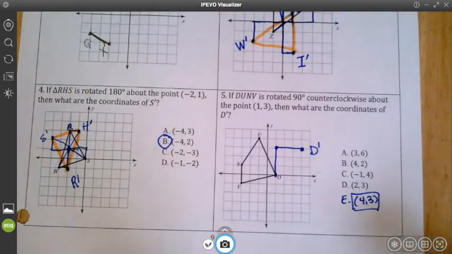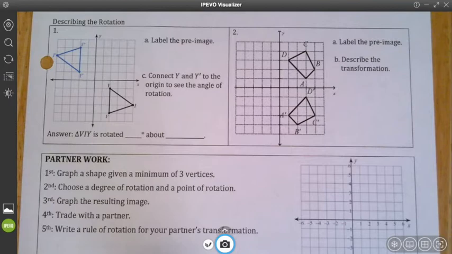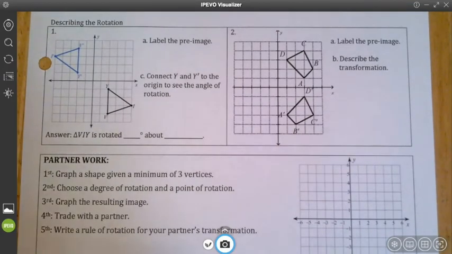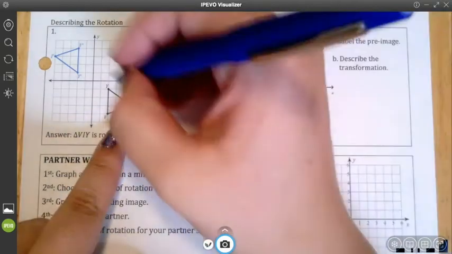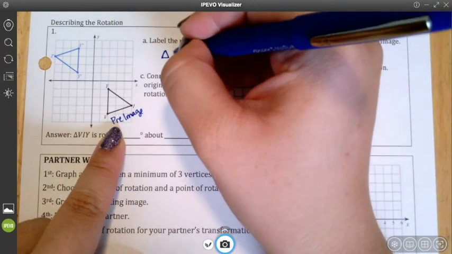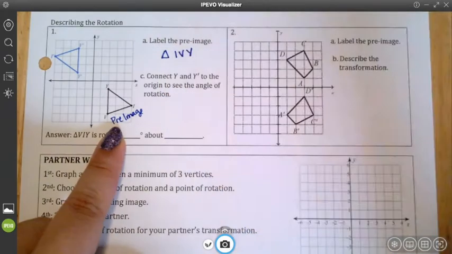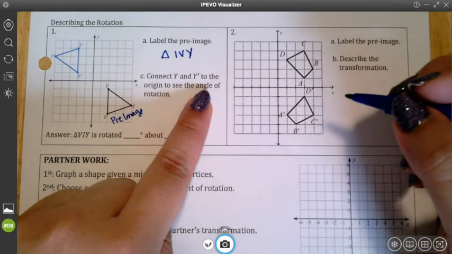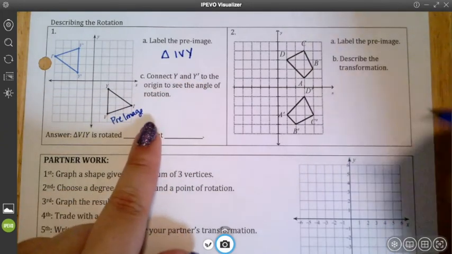Let's take a look at our last page. So for this example here, we want to label the pre-image. How do we know which one is the pre-image? It's the one that we started with, the one without the primes. So this is the pre-image, triangle IVY. Connect Y to Y prime, and Y and Y prime to the origin to find the angle of rotation.